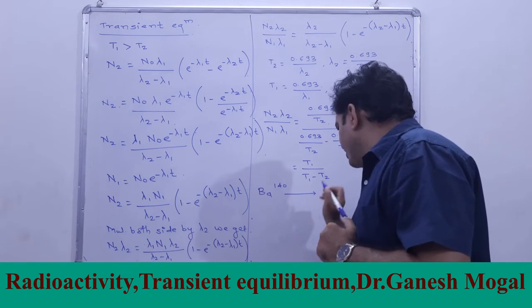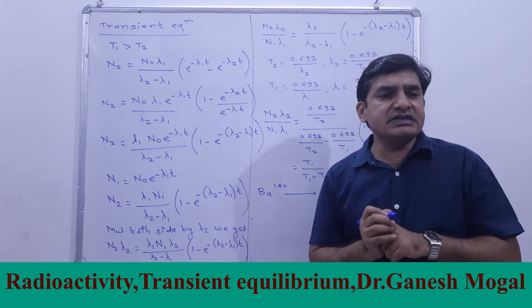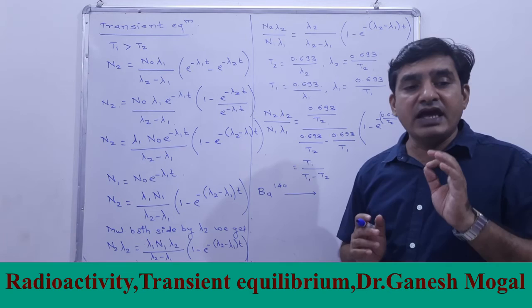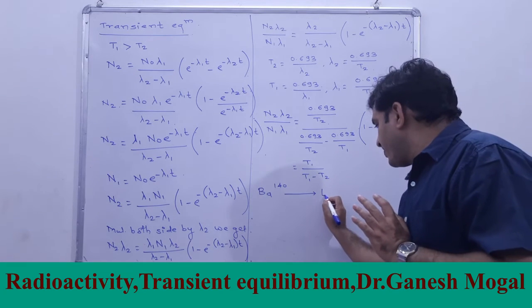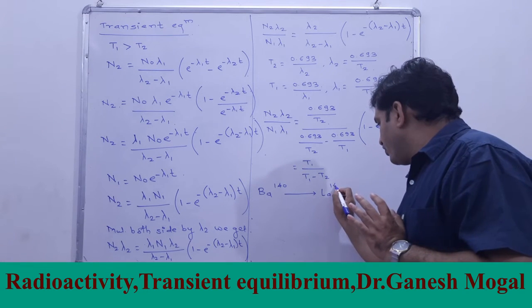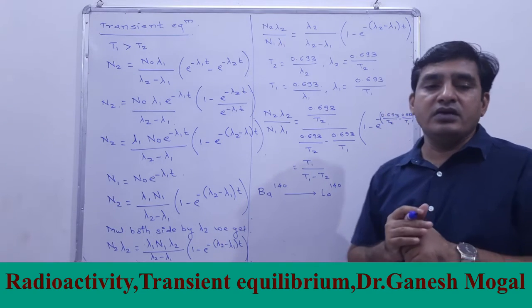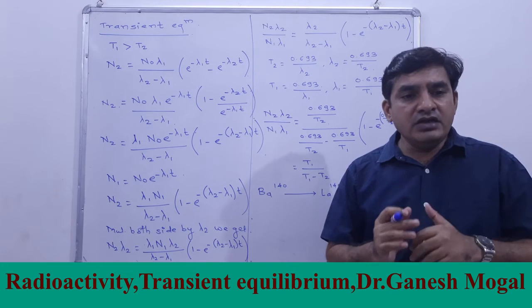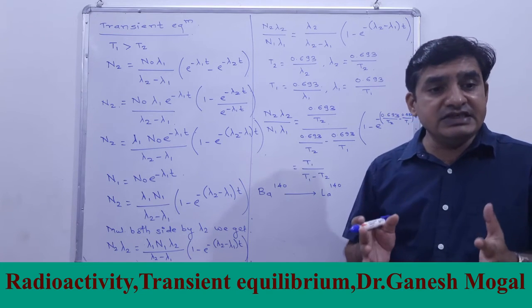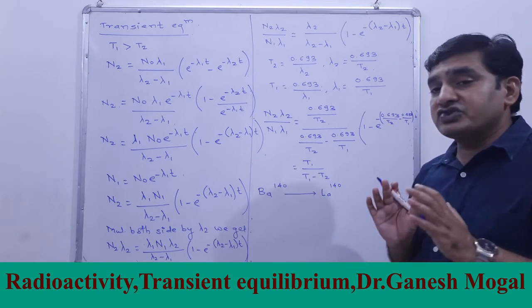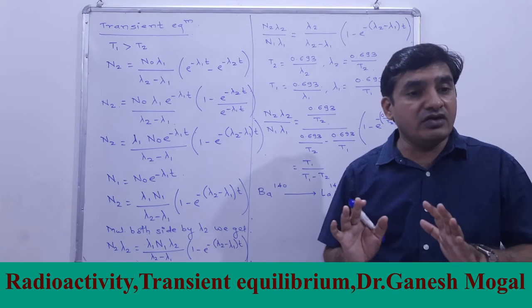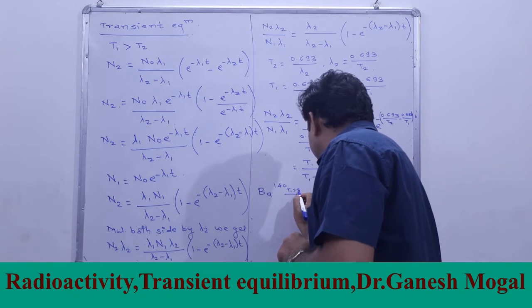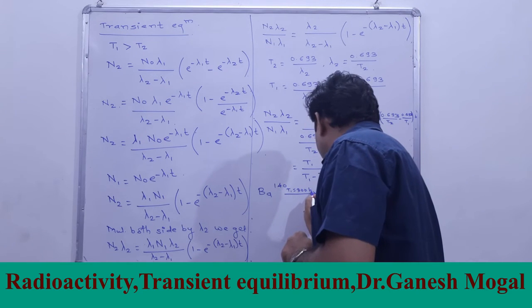Now this barium 140 is converted into lanthanum 140 with a half-life of 300 hours, so T1 is equal to 300 hours.